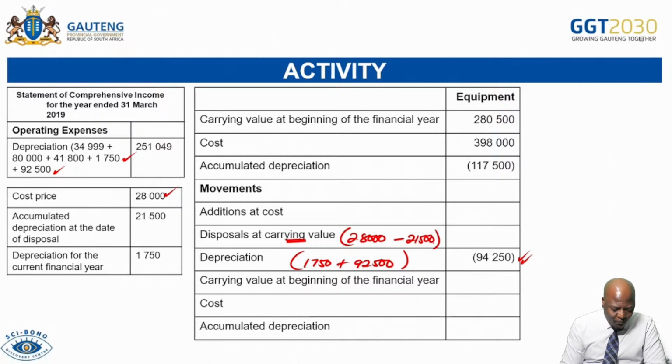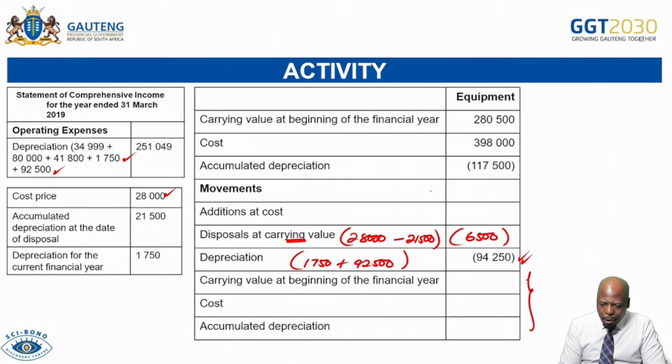So what was the carrying value of this asset on the day we disposed it? That would be 6,500, like that. And you close your bracket. Okay. And to close this off, it is not going to be a big issue. So if you want us to close the bottom part again, we can do that together.